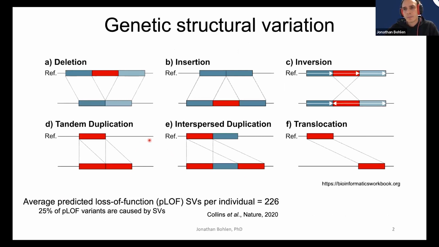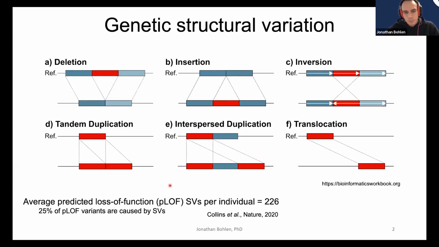So I really want to put the spotlight on genetic structural variants because they're really poorly discovered but very frequent and important type of variation. These include large deletions or insertions, and these are basically copy number variations. They also include inversions or tandem duplications and also translocations.